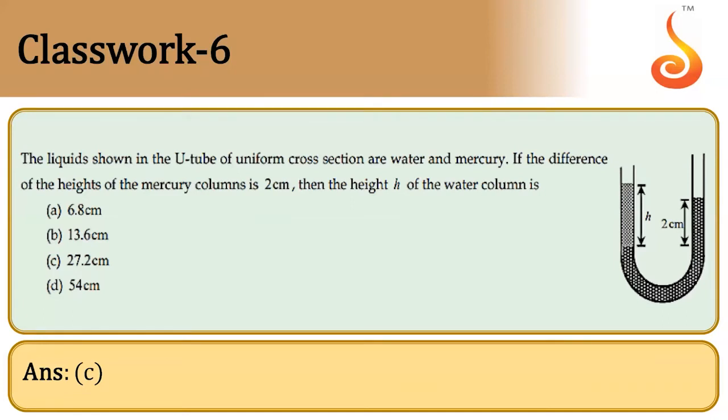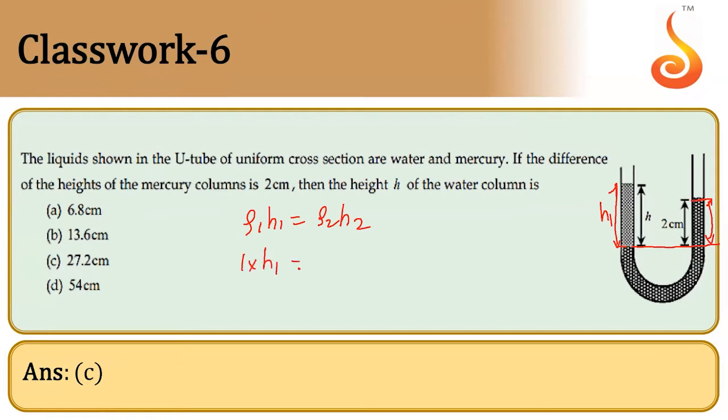This also I covered. Directly you can apply the formula rho 1 H1 equals rho 2 H2. H2 is this 2 centimeter, and H1 we have to calculate. Rho 1 is water, so you can substitute in gram per centimeter cube also: 1 gram per centimeter cube.